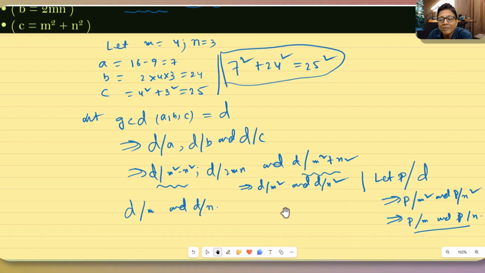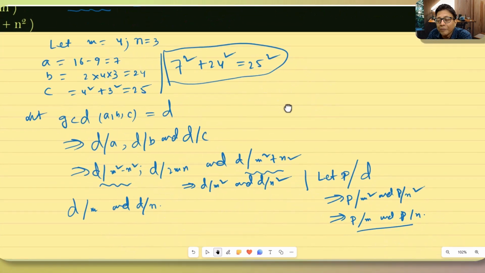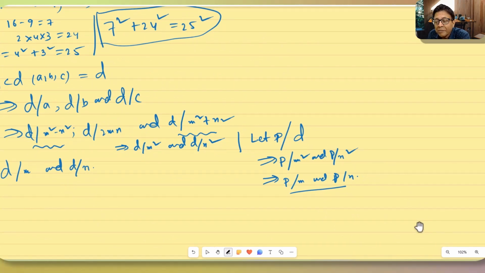That we have claimed. It should be, they must be coprime. But what you have got here? P divides m and P divides n. GCD of m and n is 1, therefore P doesn't exist. I mean the common prime divisor of m and n must not exist over there.